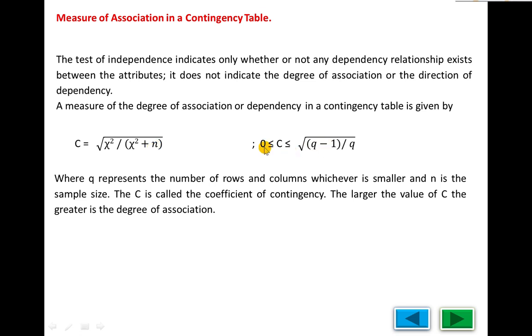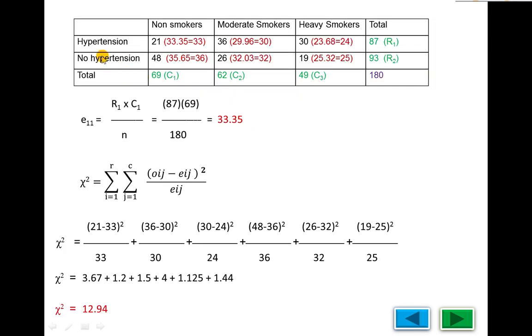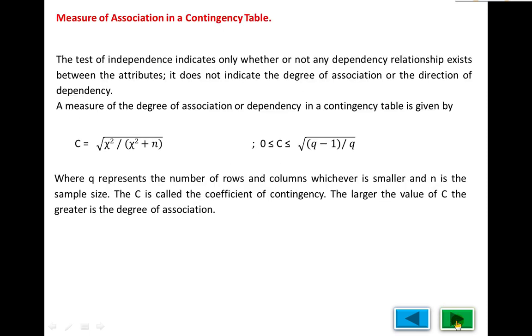And the range of this value C from this formula will be between 0 and this value. And what is this? Q is the number of rows or columns, whichever is smaller. We substitute the smaller value here. In the previous example we have 2 rows and 3 columns. The smaller value is 2. So we will substitute 2 here for the upper value.